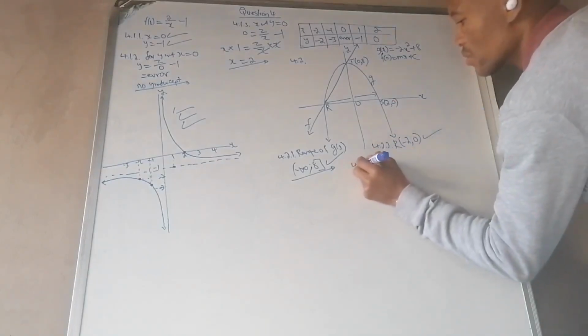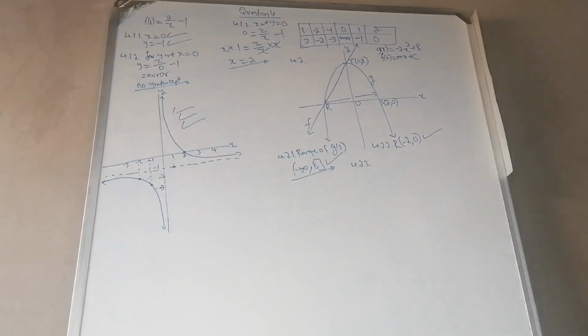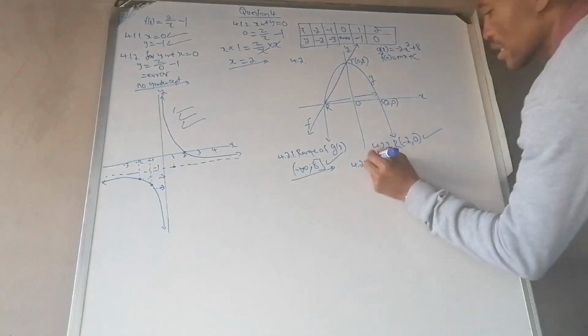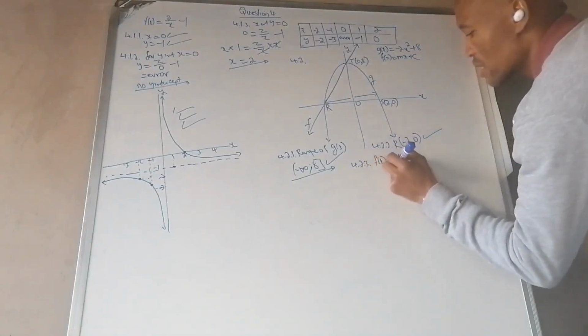4.2.3. Use the graph to determine the values of x for which f of x is less than g of x.